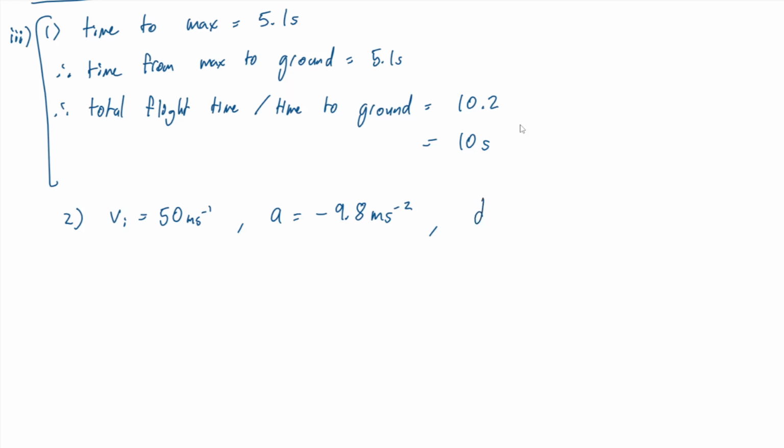So that once more, its displacement is 0. So we have 3 knowns: initial velocity, acceleration, and displacement, and we are looking for time. So have a look at your kinematics equation to try find this one.